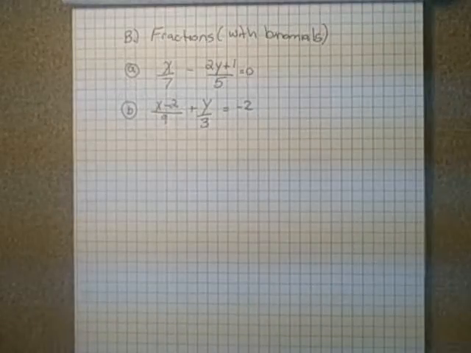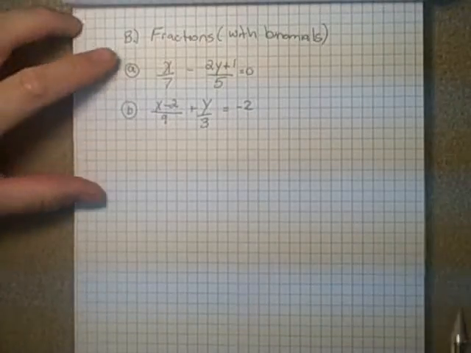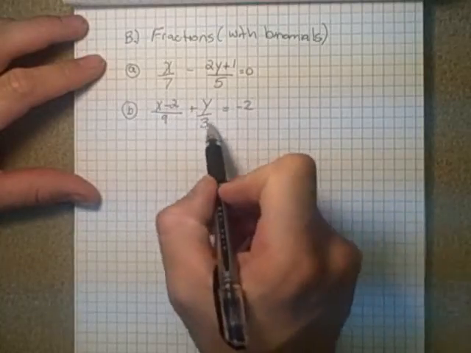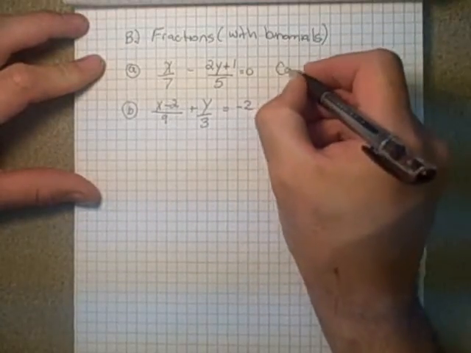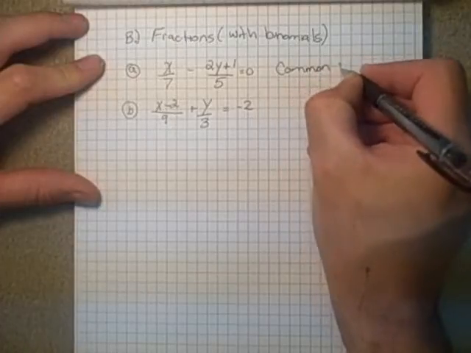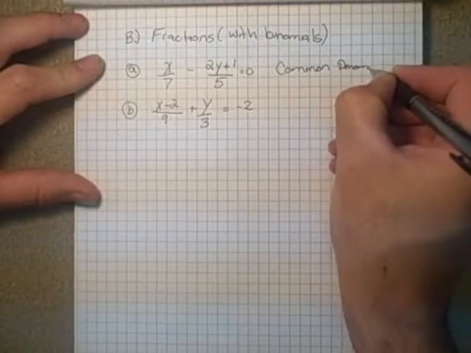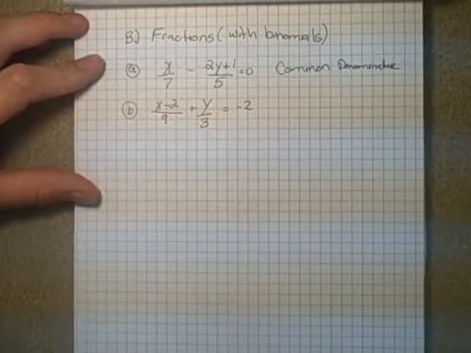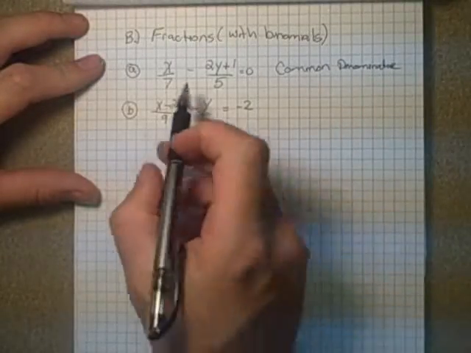So what we want to do first of all is find a common denominator here, similar to when we worked with the other fractions, a common denominator that will eliminate the denominators. So find our common denominator for each equation.